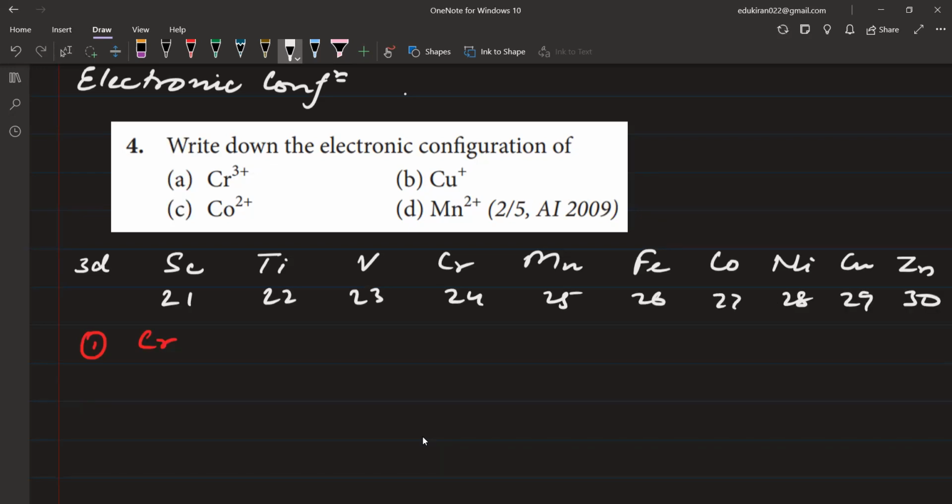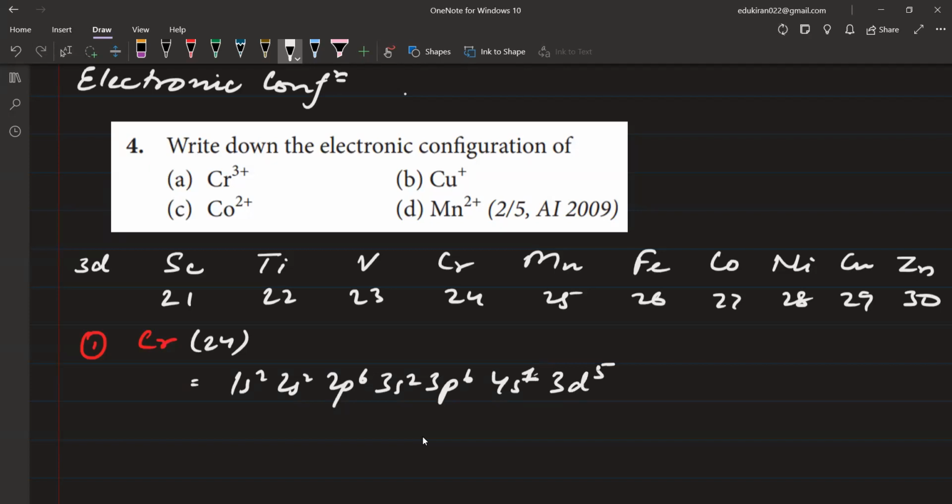Repeat it 10 times, you will remember this thing. So chromium is 24. So it will be 1s2, 2s2, 2p6, 3s2, 3p6, 4s1, 3d5 because it is Cr.